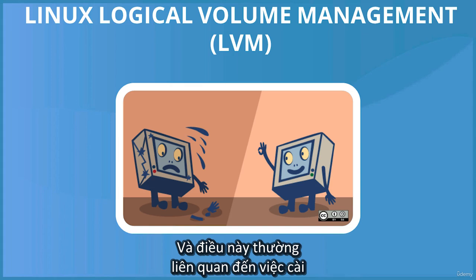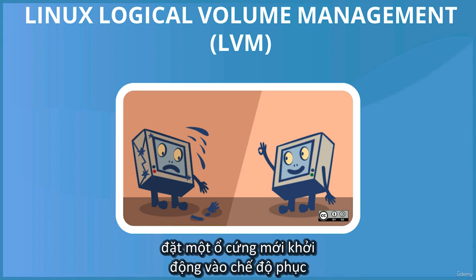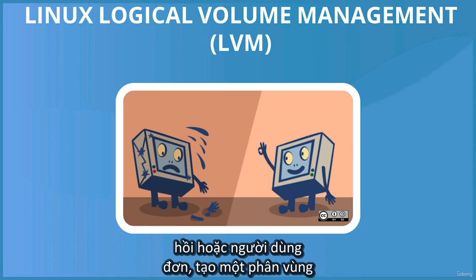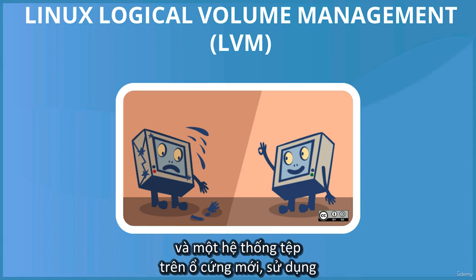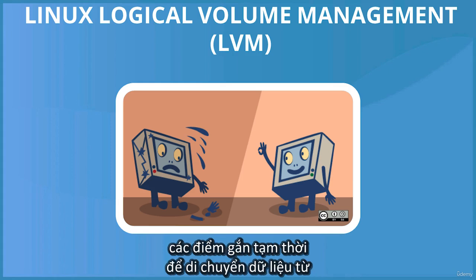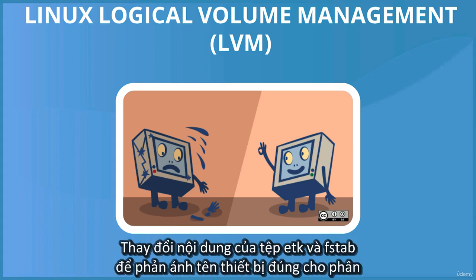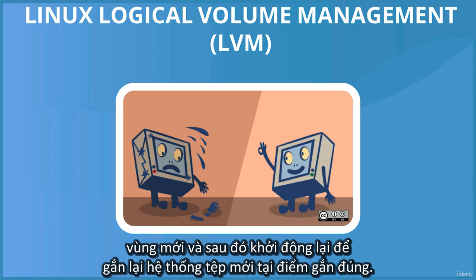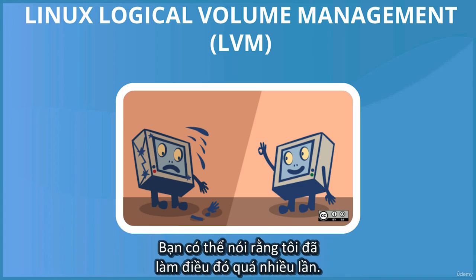This usually involved installing a new hard drive, booting to recovery or single user mode, creating a partition and a file system on the new hard drive, using temporary mount points to move the data from the too small file system to the new larger one, changing the content of the /etc/fstab file to reflect the correct device name for the new partition, and then rebooting to remount the new file system on the correct mount point. You can tell I've done that too many times.